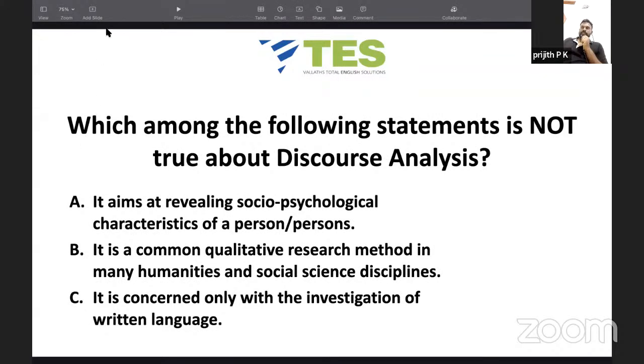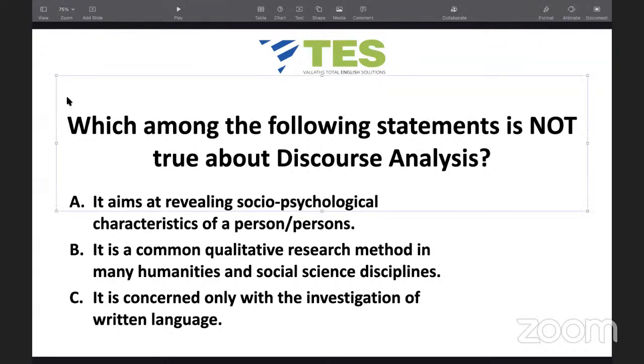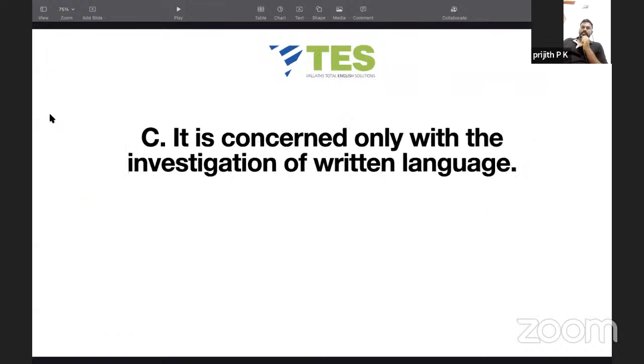So you have to know what discourse analysis is. The answer is option C. That is wrong. It is not only about written language. It is about a society also.